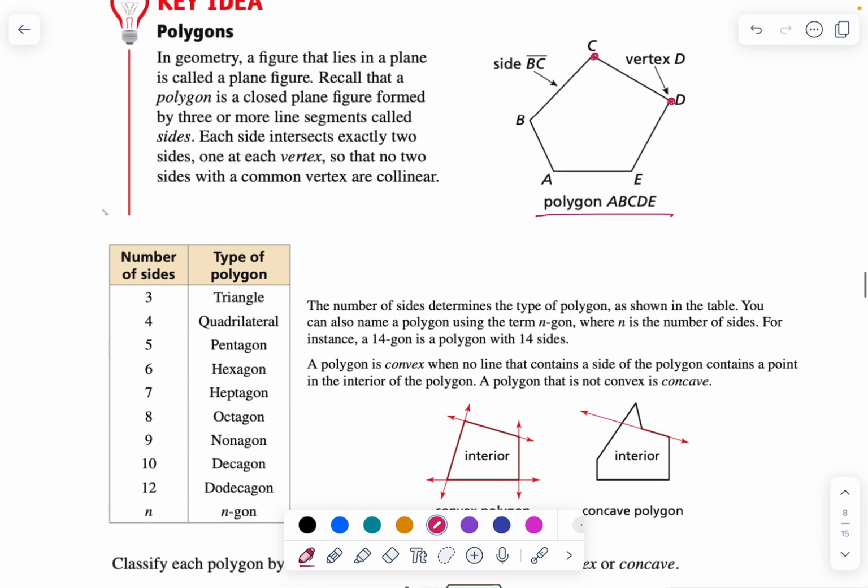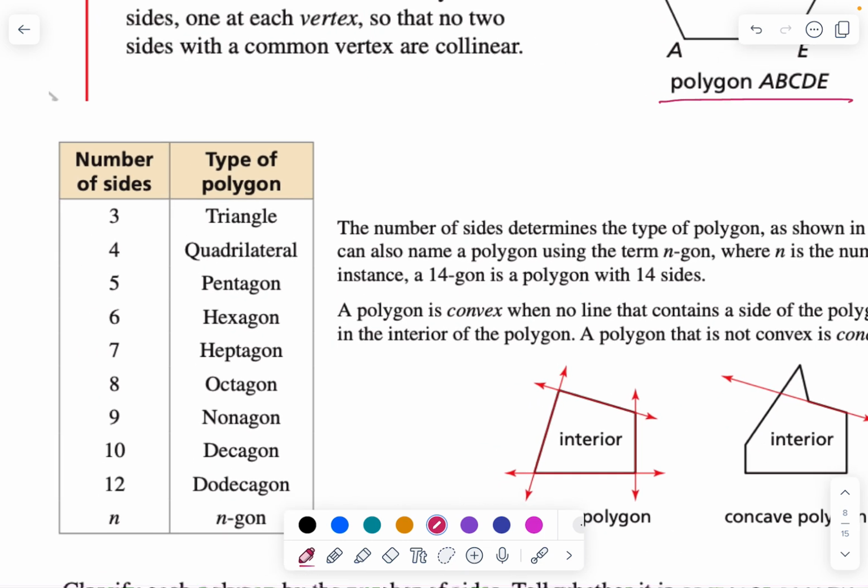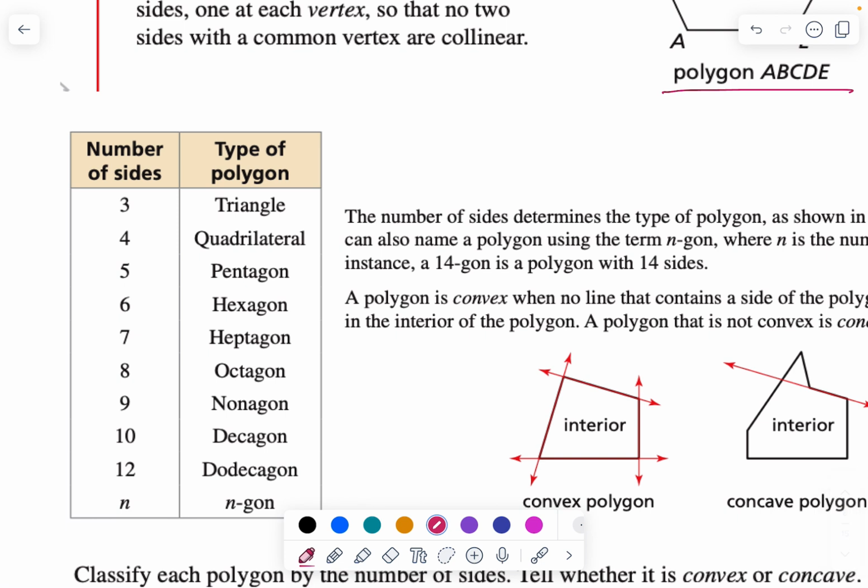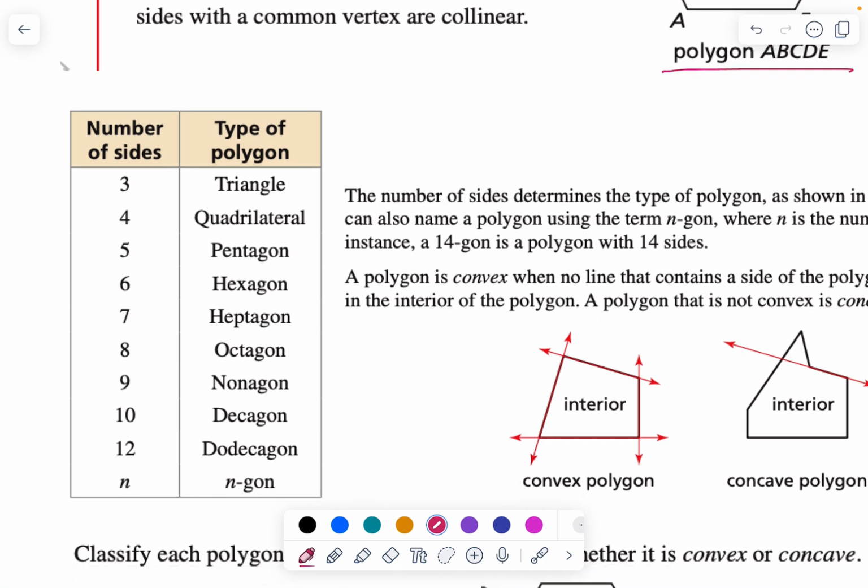Now, when we talk about polygons, the type of polygon is related to how many sides it has. We're very familiar with triangles, 3 sides. But you should also become familiar with these other types of polygons. Quadrilateral, 4. Pentagon, just like in Washington, D.C., 5. Hexagon, 6. Heptagon, 7.